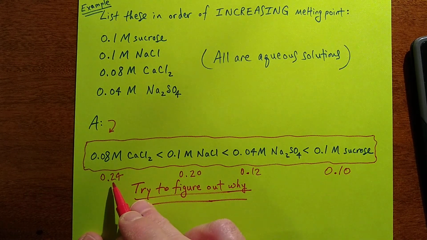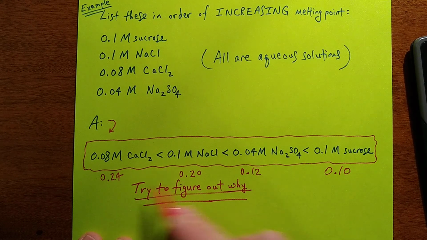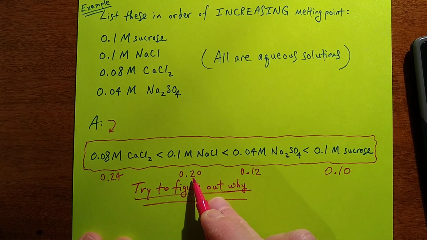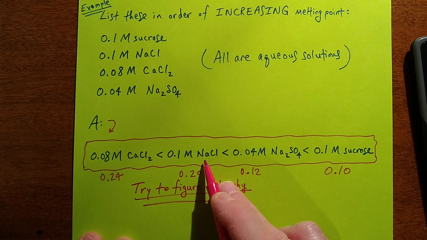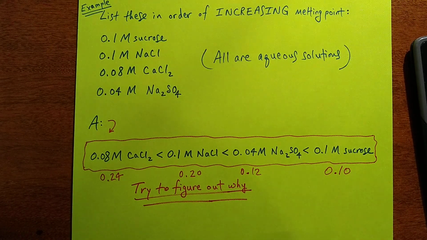So you can see this calcium chloride has the most particles per liter. This sucrose has the fewest. So the one that has the most particles has the lowest melting point or lowest freezing point, whatever you want to call it. Then the next one up is 0.2, sodium chloride, then sodium sulfate, and then sucrose.